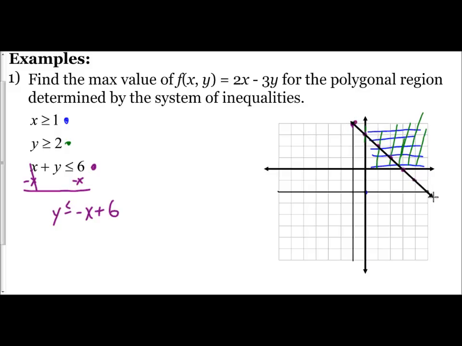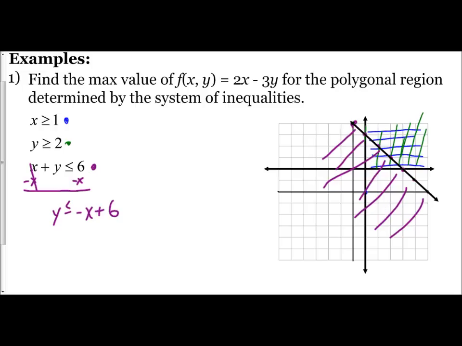So I'm going to sketch my solid line. But this says y is less than, so I want to go towards my lesser y values, which would be below this line. When I graph below the line, I want to find the crisscrossing pattern of all three graphs. It looks like it's this triangular region right here.